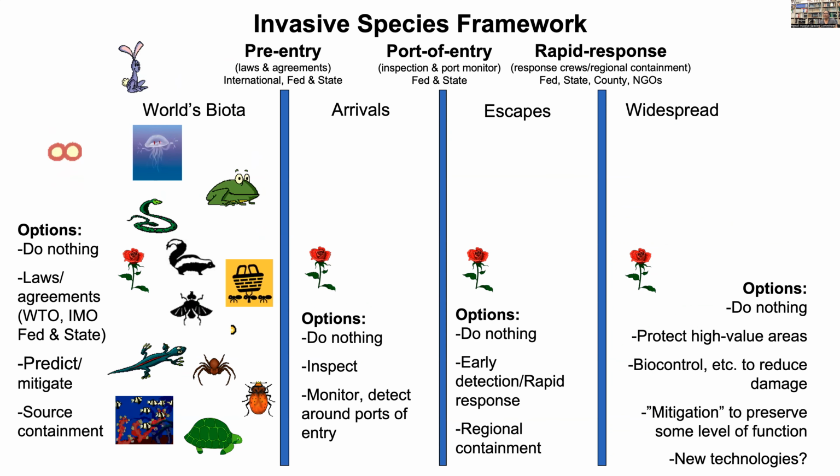So at the IMO, they set up a ballast water convention. And that doesn't mean a meeting. That simply means a binding agreement. And they work to get different countries to sign on. Now, the US is not a signatory to the Ballast Water Convention, but that doesn't mean that our vessels don't have to comply. Anywhere they go, if they cross over and want to land in another port, they need to comply. Wow.